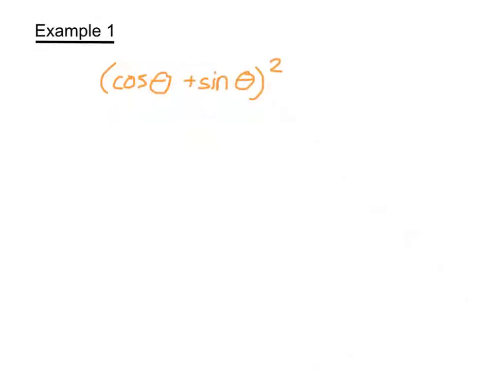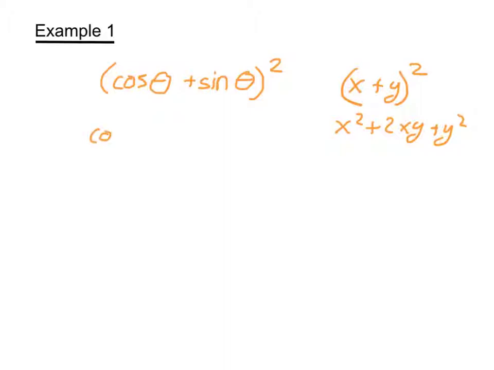So in this case, I have the square of a binomial, which you may have seen in a previous math class. This is a lot like x plus y squared or a plus b squared, right? If I was to expand x plus y squared, I'd get x squared plus 2xy plus y squared. Well, again, it's no different with trigonometric expressions.